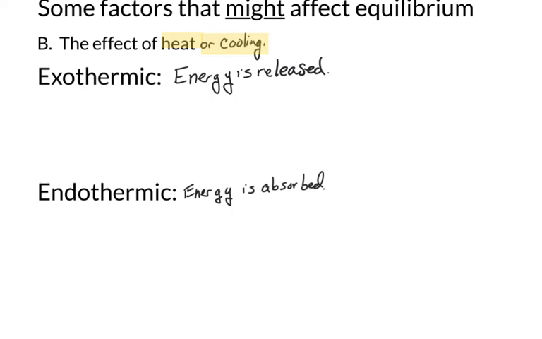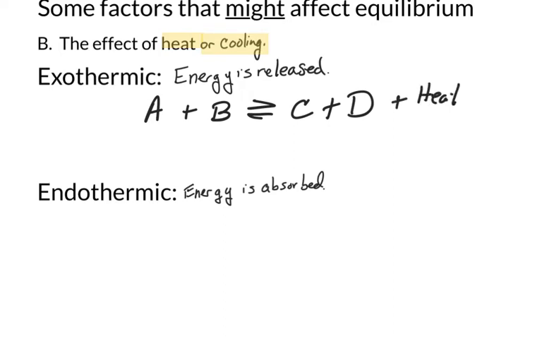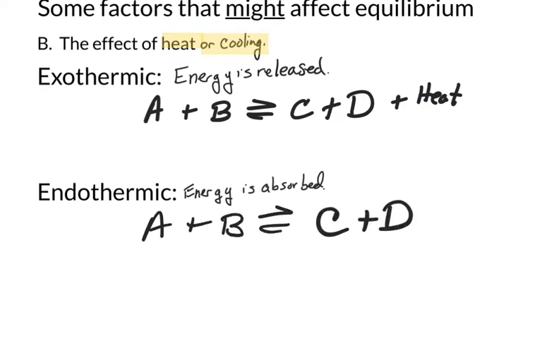So let's remember what that means. In this reaction where we have A and B make C and D, if it's exothermic, that means heat is exiting the system, which means that the heat is a product of the reaction. On the other hand, if it's an endothermic reaction, we have A and B going to C and D, and now heat is a reactant rather than a product. Let's see how that affects the equilibrium.